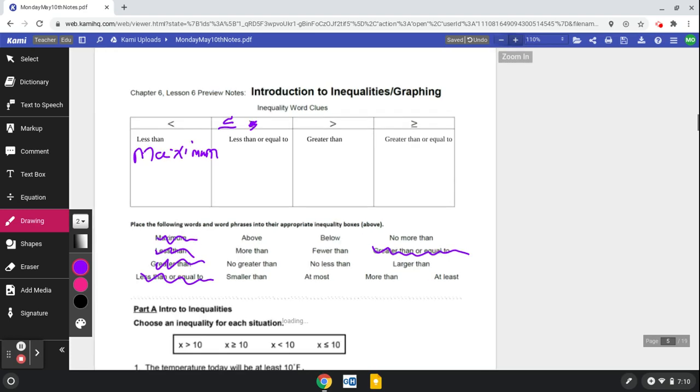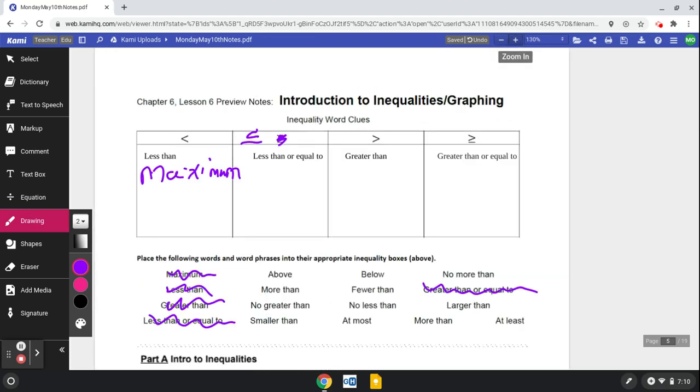Let me zoom in some and make my writing a little easier. Something that's above means this number has to be larger than the other given. No more than, that one's going to go over here.